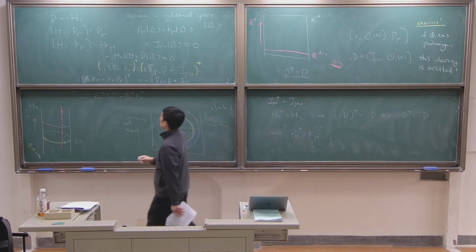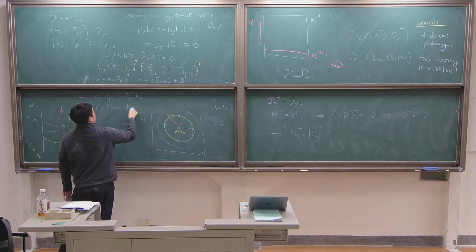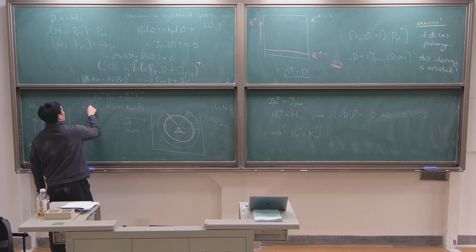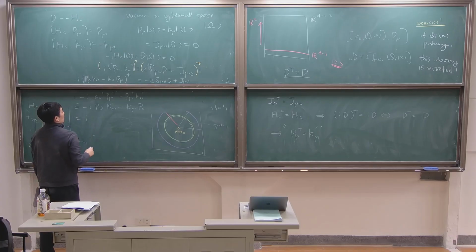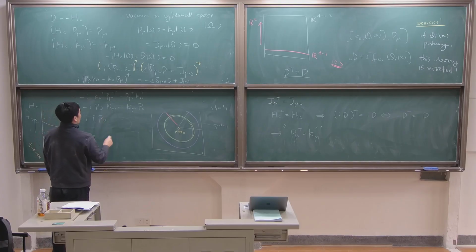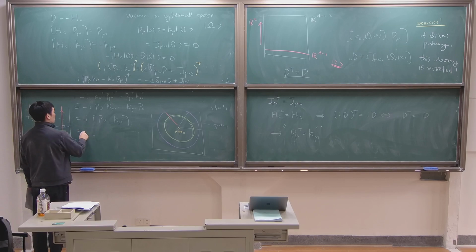If you impose this one, this is equal to K mu and P mu minus K mu and P mu, and this is equal to minus i times P mu and then K mu. So far it's okay.